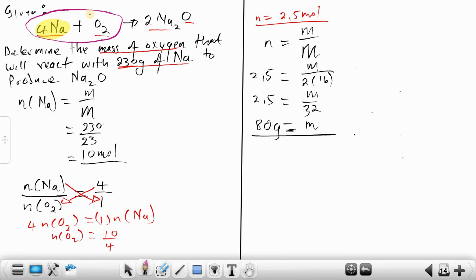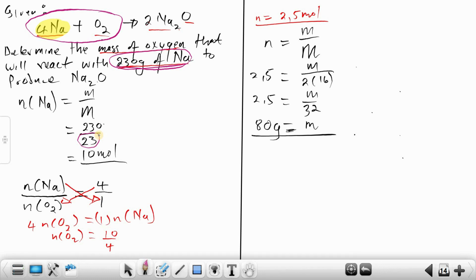Let's check the question again. Determine the mass of oxygen that will react with, so this is for 1 sodium, only 1 sodium. That is the reason why we used the 23 rather than any other thing, because we are only looking into the information that is given to us.